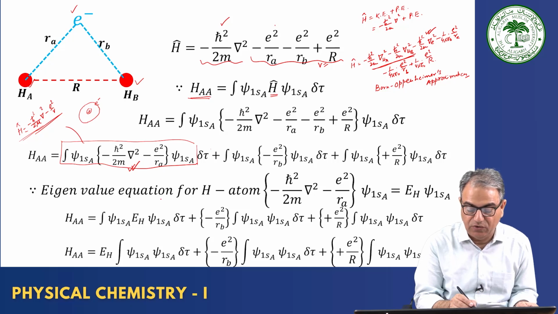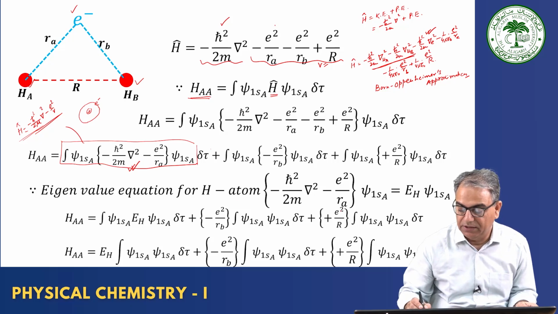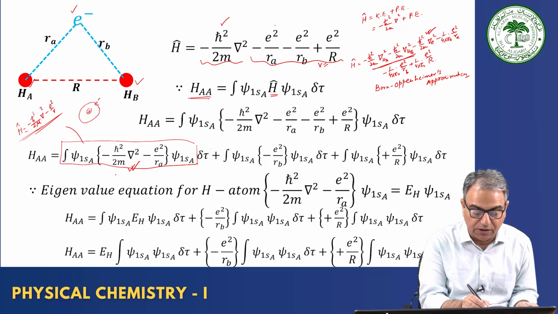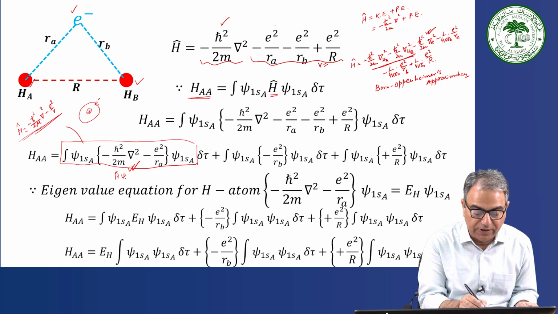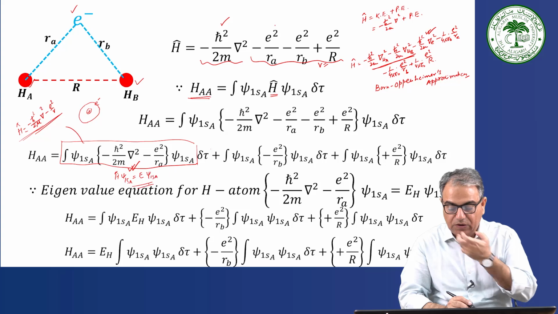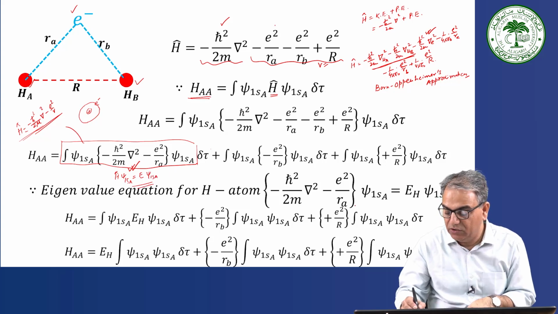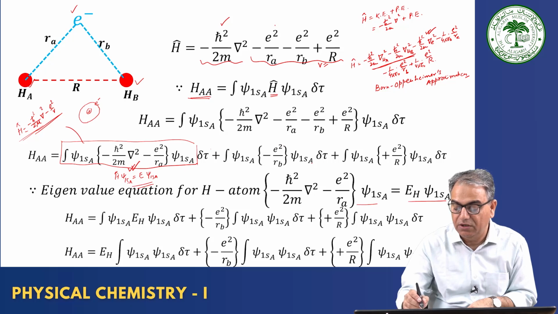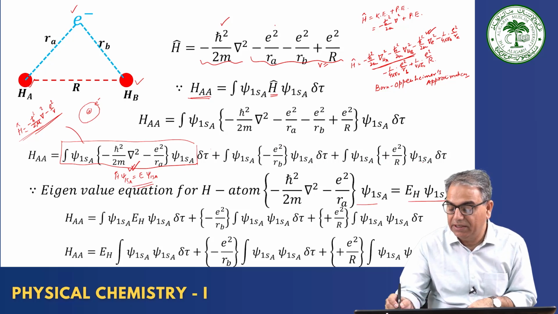I have written here the eigenvalue equation for the hydrogen atom. So this is your Hamiltonian of the hydrogen atom, and the eigenvalue equation is H psi 1sA is equal to E psi 1sA. Then in the rest of the terms we have minus e square by RB psi 1sA d tau plus e square by R psi 1sA d tau.